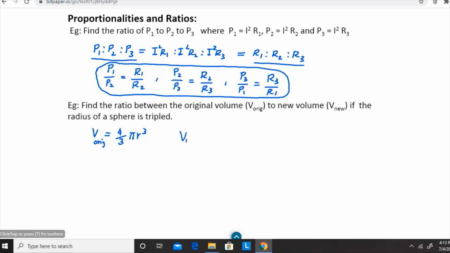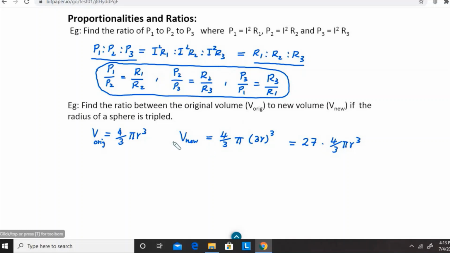The new volume, according to the data given, is equal to when you triple the radius of the original sphere. So that means 4 over 3 pi, and instead of r, now I need to put 3 times r and cube the entire thing. As a result, you can see there's a factor of 3 to the power 3, which is 27, coming from this expression. So I have 27 times 4 over 3 pi r cubed.